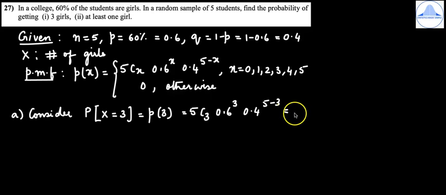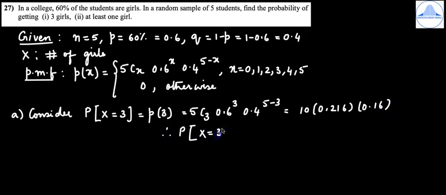So 5C3 is 10 into 0.216, 0.4 to the power 2 will be 0.16. So the first answer is probability of x equal to 3 is 0.3456.